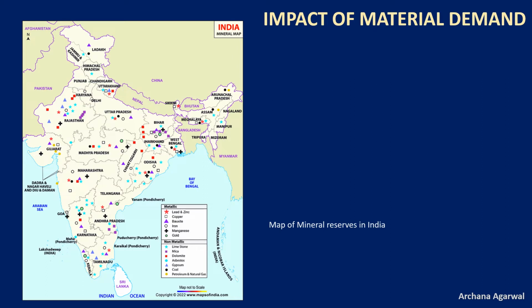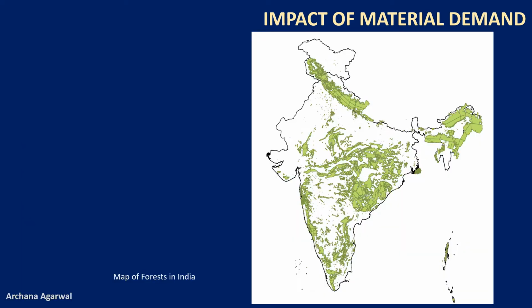This in turn will lead to depletion of natural reserves and an increase in carbon emissions from the construction industry. The map of mineral reserves in India is shown on the screen. And this is the map of forests in India.